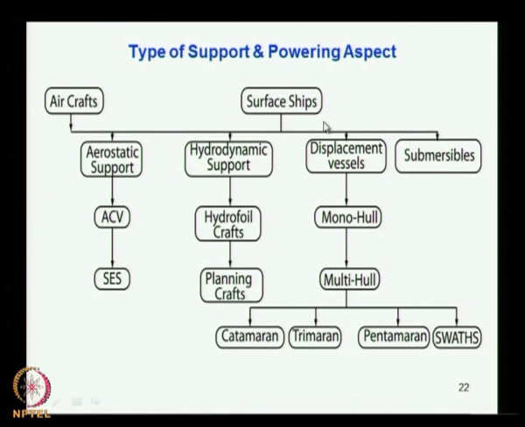So naturally there is no limit to our wish, or we should say maybe we are greedy to have more speed. The higher the speed, the better is our wish.